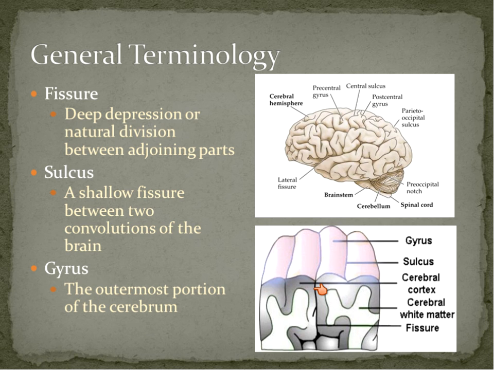A sulcus or sulci are a shallower fissure. These terms are used in other parts of the body, just not the ones that we are covering, with the exception of the nervous system. And a gyrus, or gyri, is the outermost portion of the cerebrum of your brain.